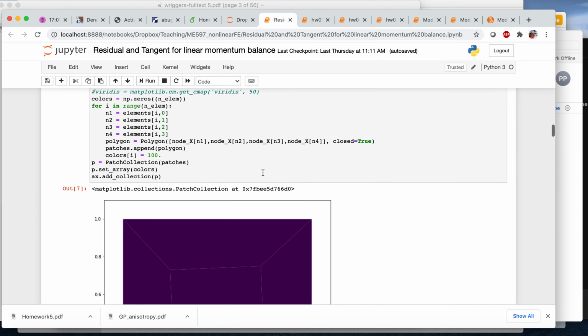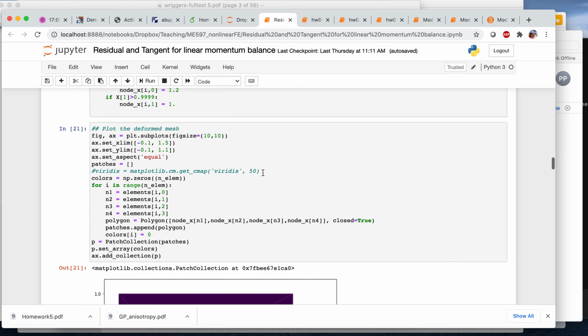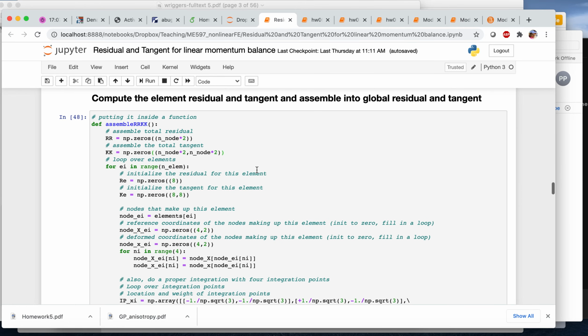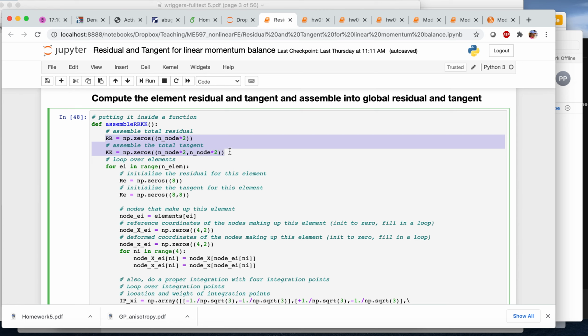So that's going to come in handy because again, in this function, I'm going to assemble the total residual and the total tangent, which is 2 times the number of nodes in length. But again, not all the residuals are going to be 0. We know from when we were doing the weak form that whenever we have an essential boundary condition, then the residual is not going to be 0 because it's going to be equal to the unknown reaction forces.